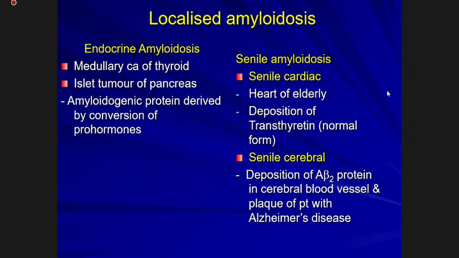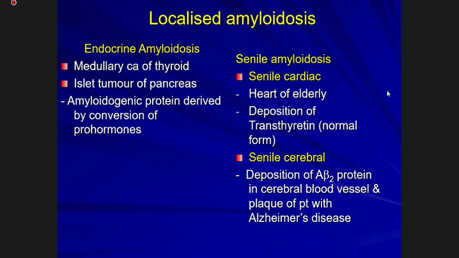Another type is senile amyloidosis. If you remember earlier, there are two types. Senile amyloidosis means amyloid proteins that you find more in the elderly. As you get older, you tend to deposit more of this protein. One is senile cardiac amyloidosis, which is the deposition of transthyretin, the normal form of transthyretin, secreted in a large amount.